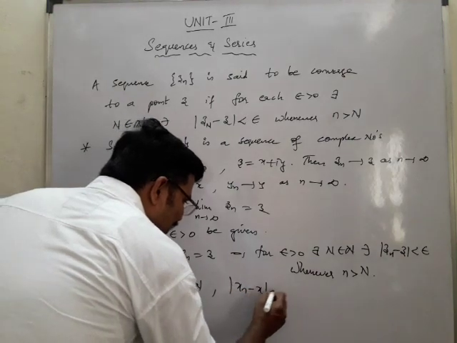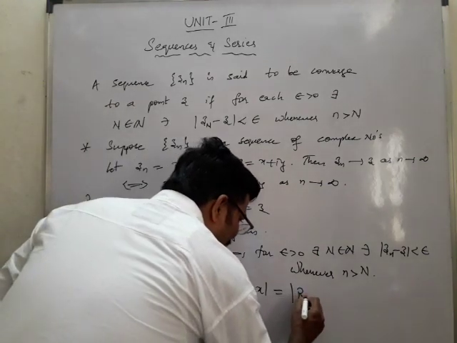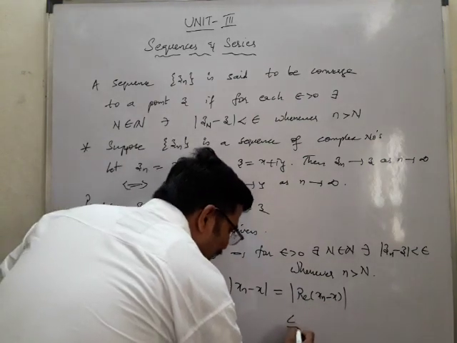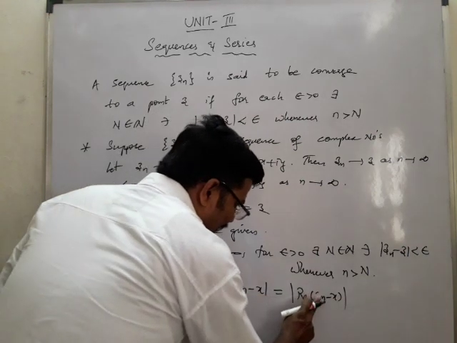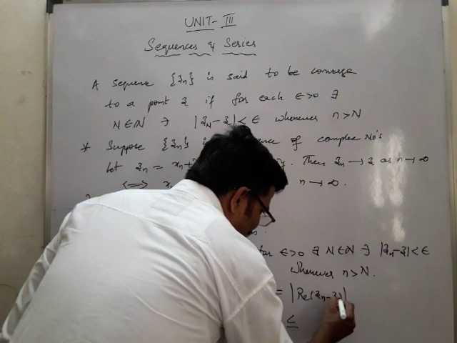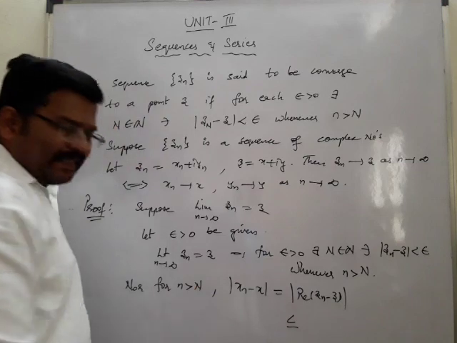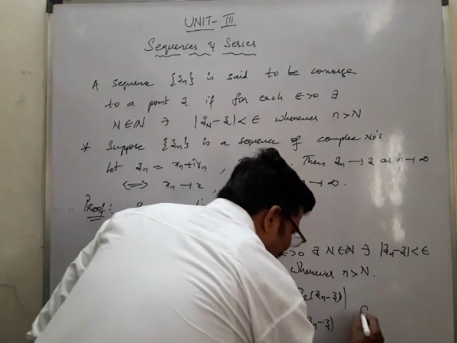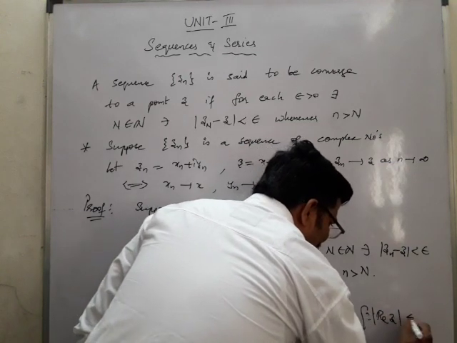Mod xn minus x is equal to the real part of zn minus z. This is less than or equal to mod zn minus z, since the real part of z is nothing but xn and the real part of z is less than or equal to mod z.